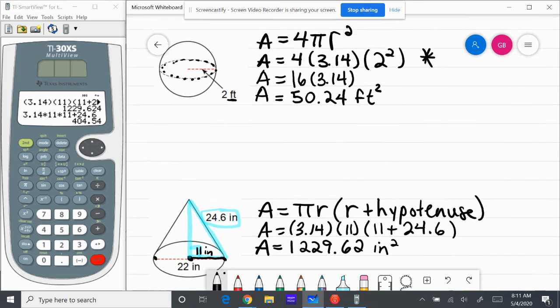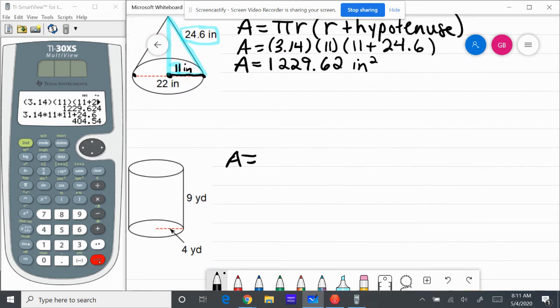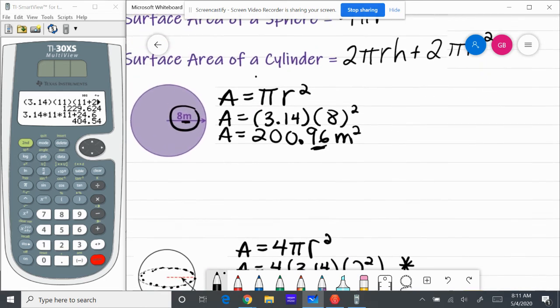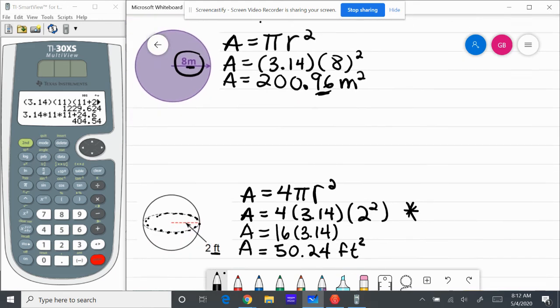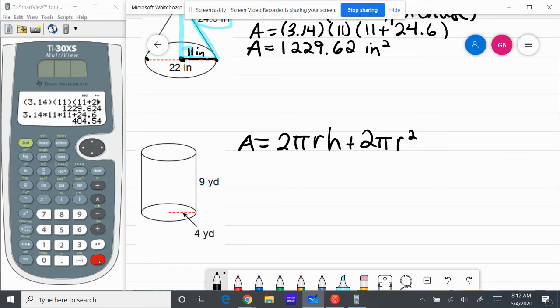Let's see, 2 pi rh plus 2 pi r squared. Just double check we got that correct. 2 pi rh plus 2 pi r squared. Okay, we're fine. So to find the area, let's substitute.